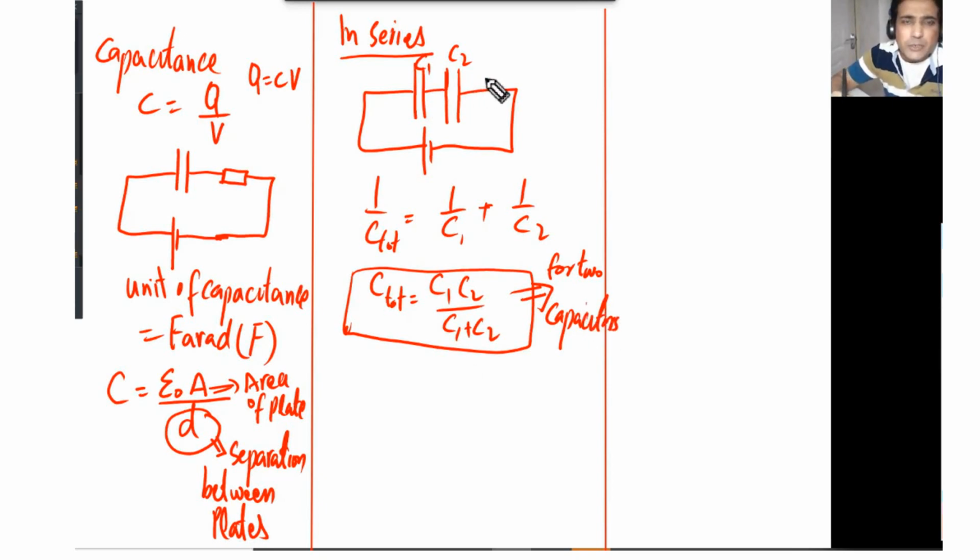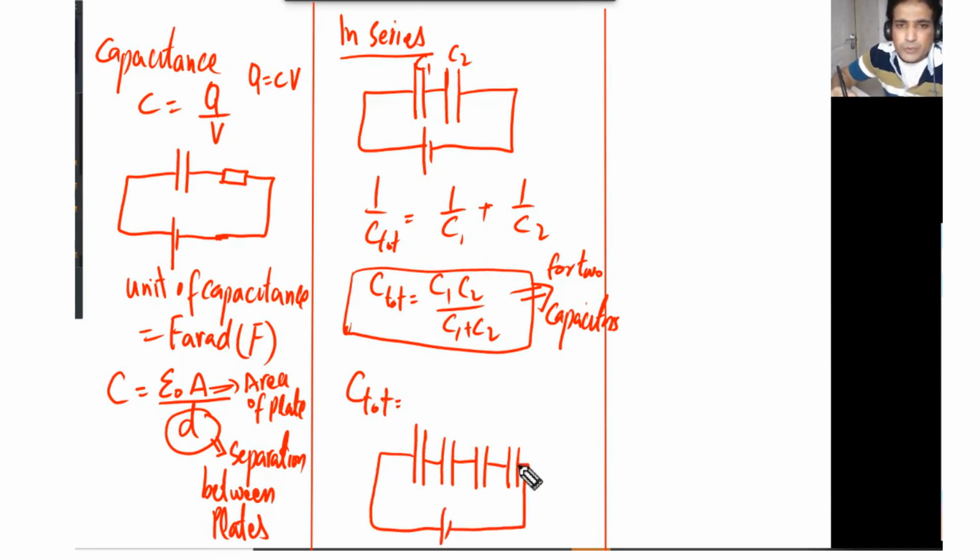But if C1 is equal to C2, for example, then C total, for example, if we have capacitors like this, we have one capacitor, we have another capacitor, we have another capacitor, and so on. Let's say we have 4 capacitors now, and all of them are connected in series. So if we need to find the total capacitance, if they are identical capacitors, so let's say all of them, the capacitance is C, capacitance is C, capacitance is C. So for identical capacitors, this is a general formula, a very important thing to understand, especially for physics board.